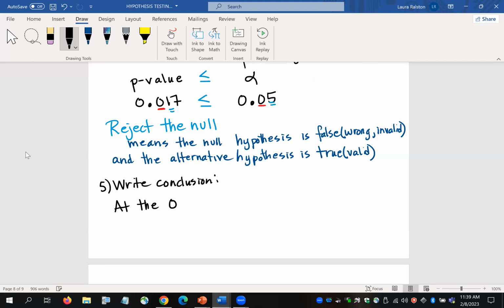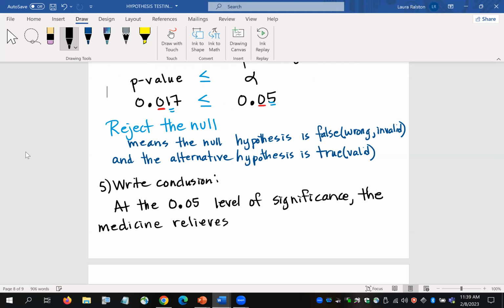At the 0.05 level of significance, the medicine relieves pain in more than 306 seconds.